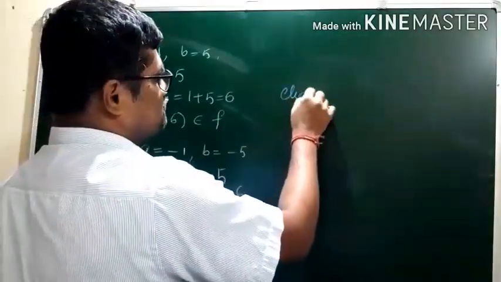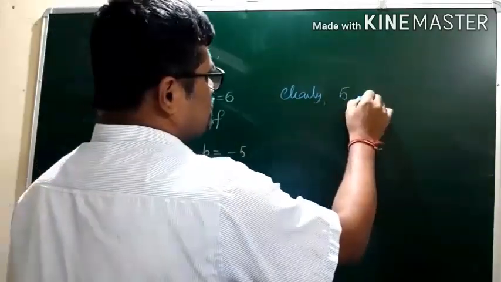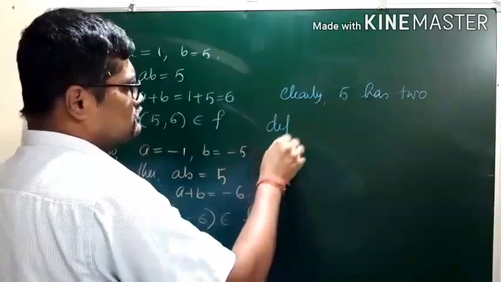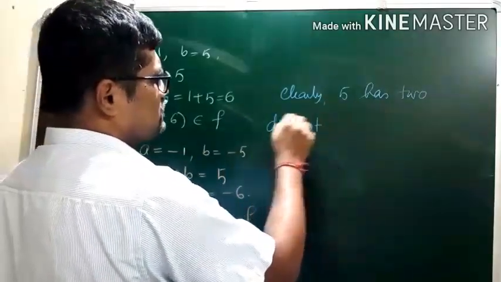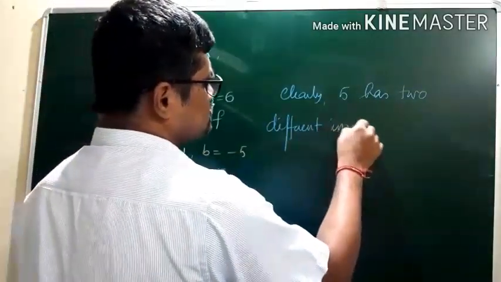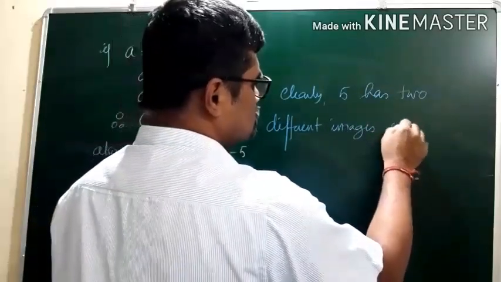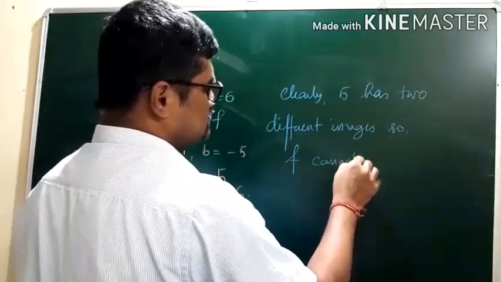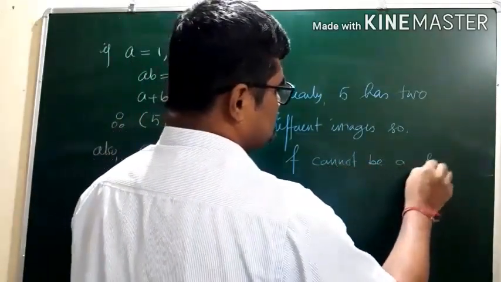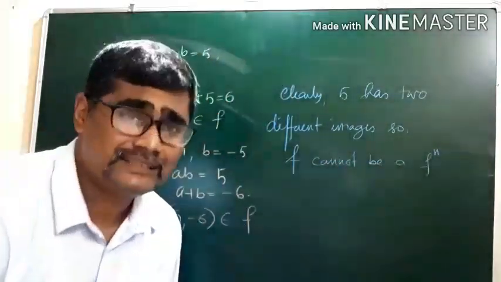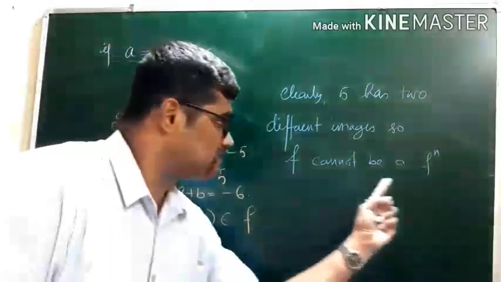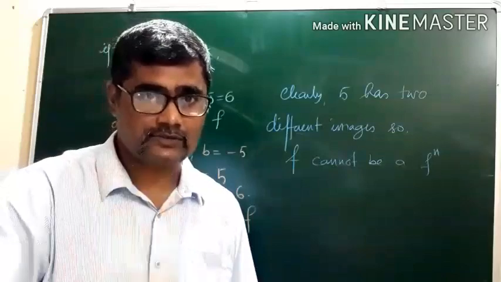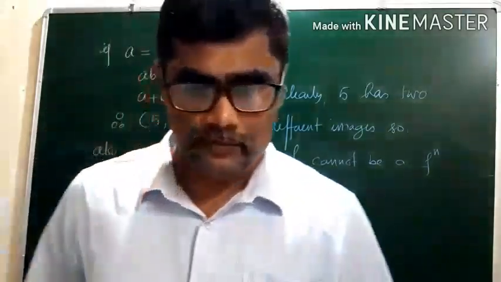Clearly, 5 has two different images, so f cannot be a function. Why did I say powerful? I was about to write this directly. No, you cite the reasons. Then you are at a stronger point in your logic.